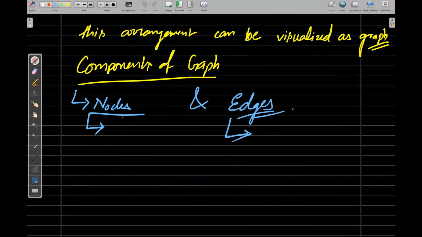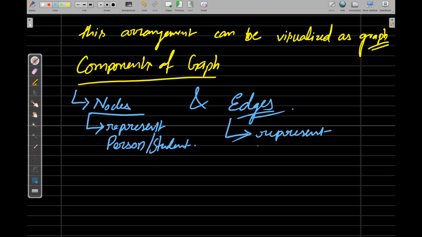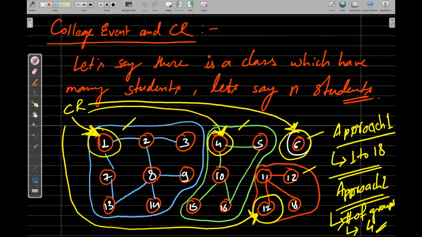So nodes can represent a person or student, and edges represent friendship. So in that way, we can say that this is a complete graph structure.